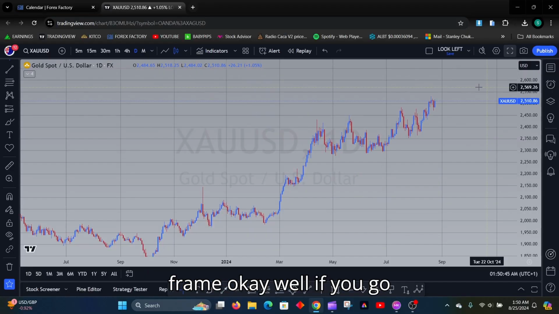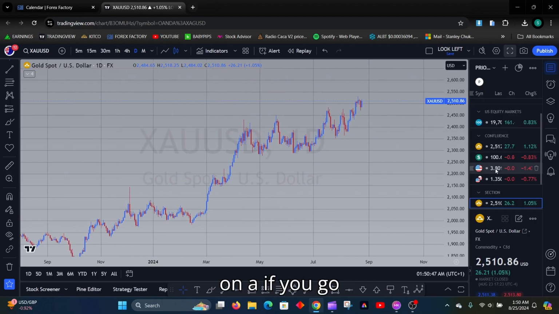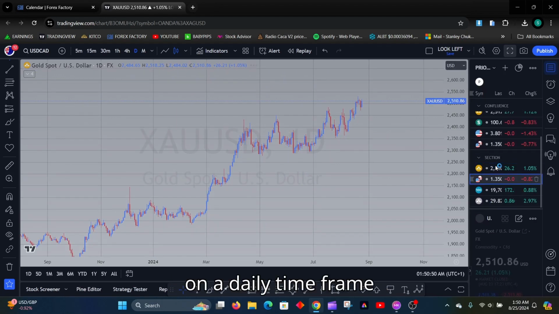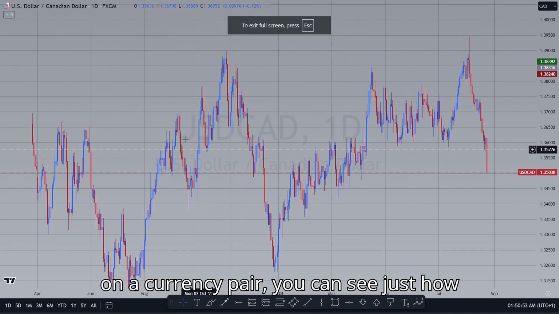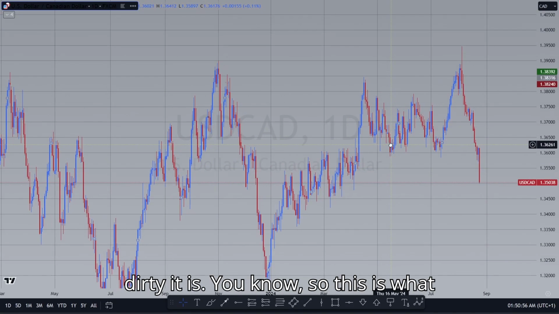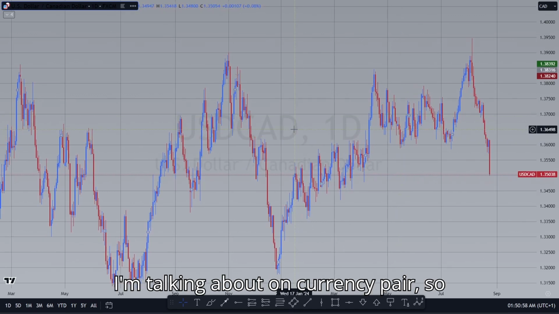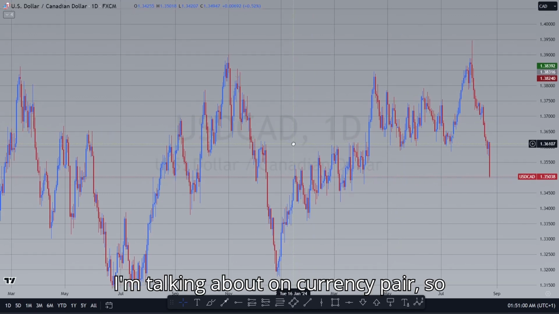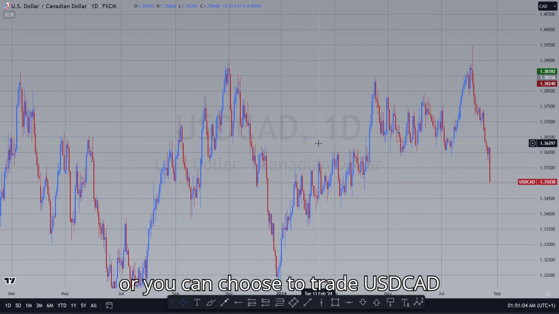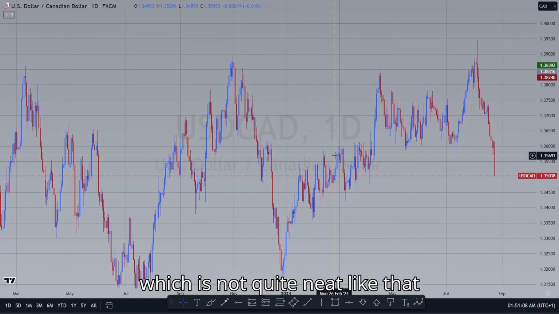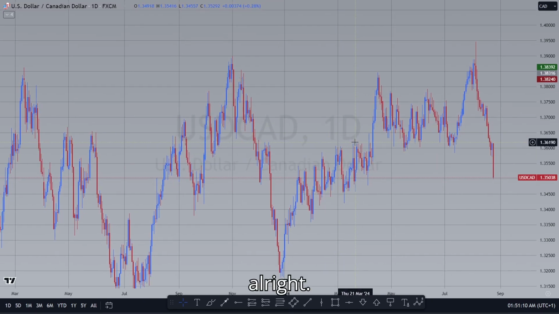But if you go on a daily time frame on a currency pair, you can see just how jagged it is. So this is what I'm talking about on currency pairs. You can choose to trade the neater ones, or you can choose to trade USD/CAD, which is not quite neat like that.